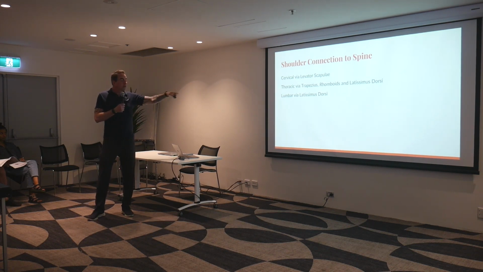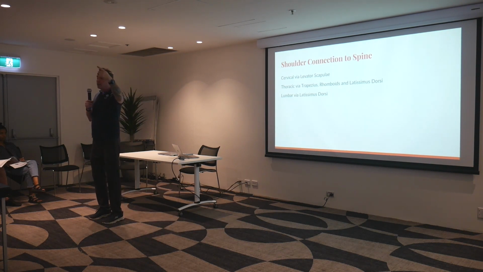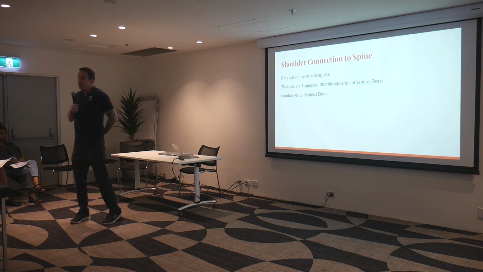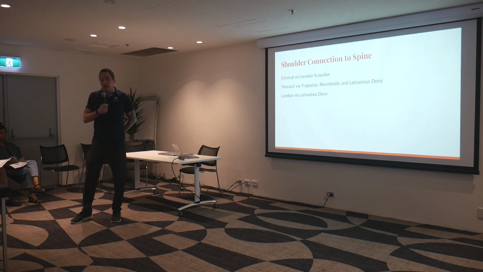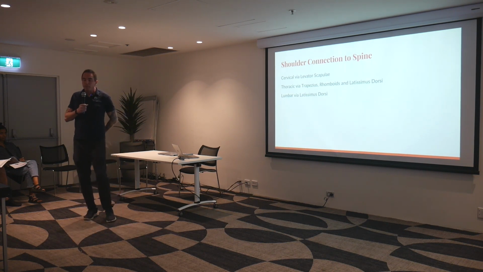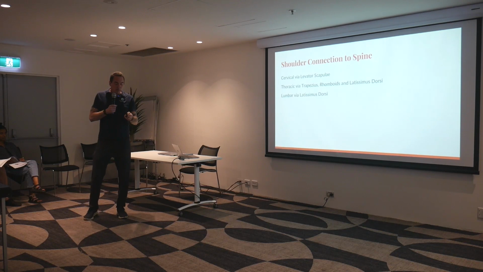And then the lumbar connection. The lats connect via the thoracolumbar fascia all the way down into the sacrum for SI joint stabilization. So the lats are a shoulder girdle muscle that also affect the low back and part of that posterior oblique sling that we'll talk about.